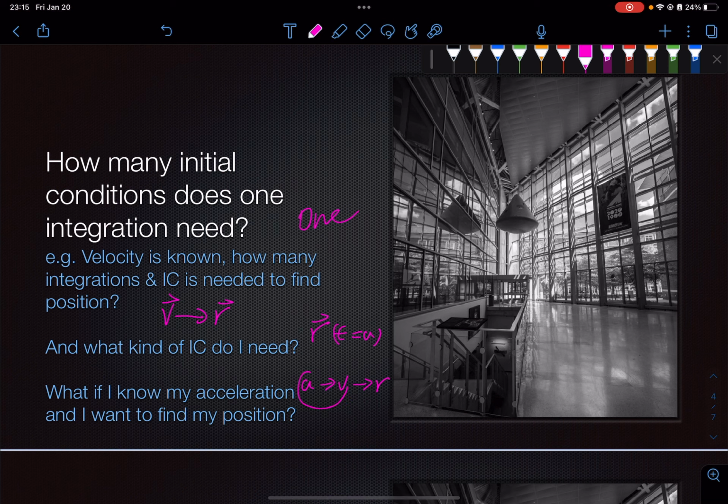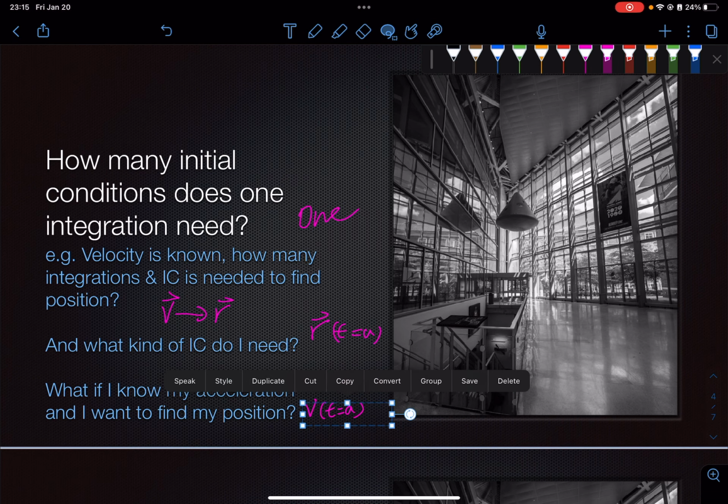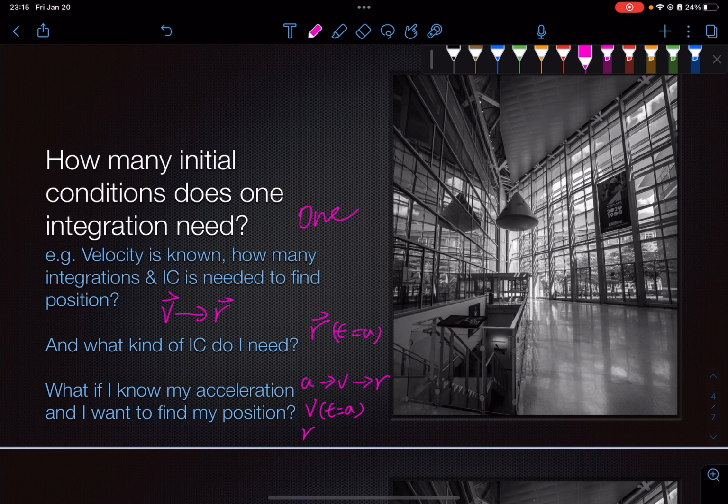When I'm integrating from acceleration to velocity, I'm integrating towards the velocity, so I need an initial condition for initial velocity. And then I'm integrating from velocity to position. It's a second integration, so I need another initial condition, which is your position at a time. It could be the same time, it could be a different time, depending on what your initial condition is.